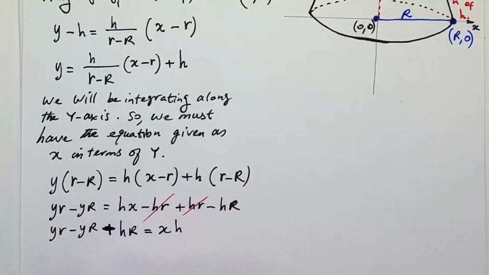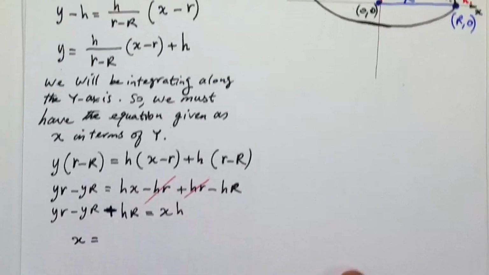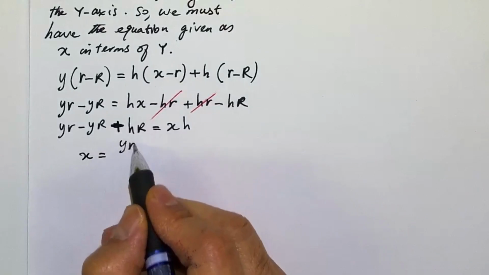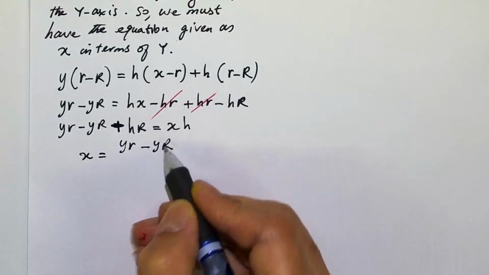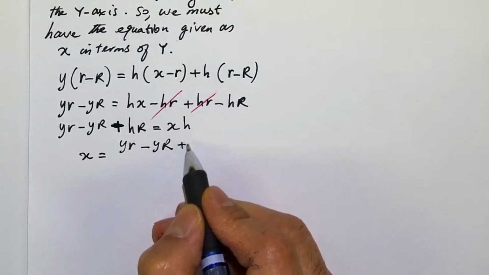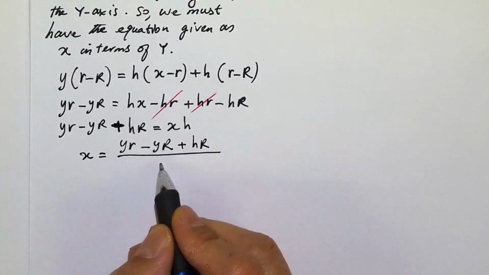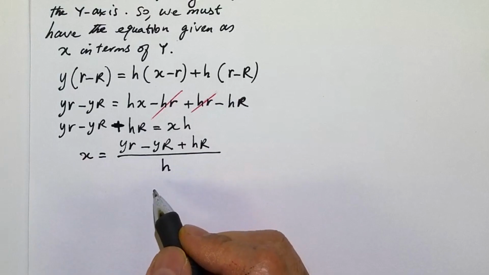And then x, of course, is yr minus yR times that plus hR, divided by h.